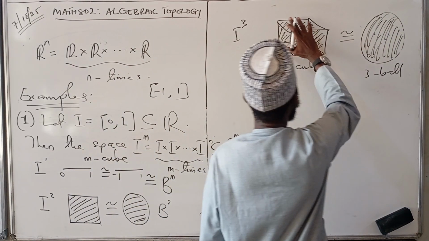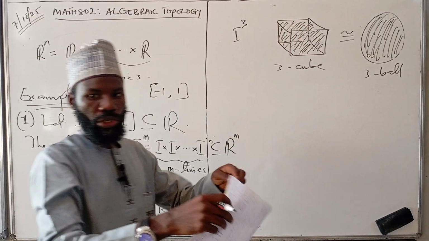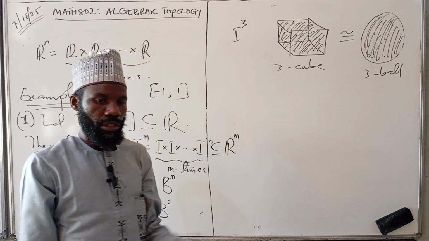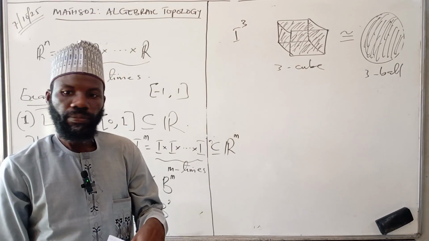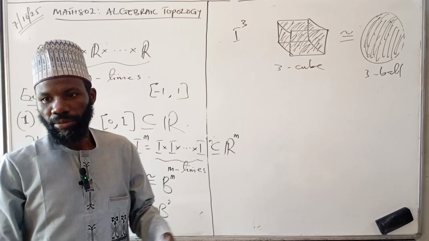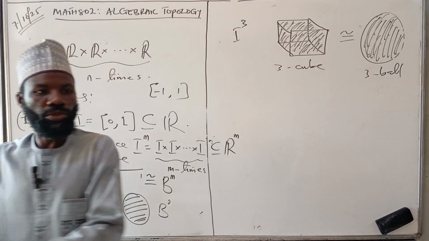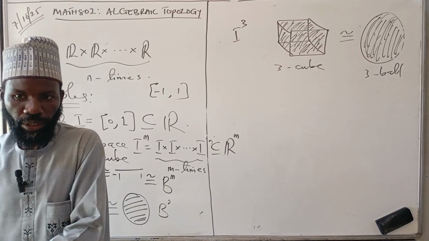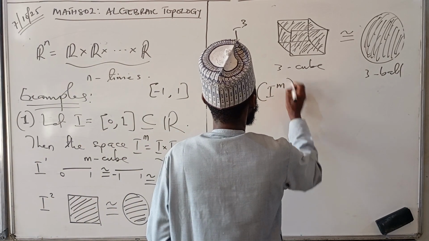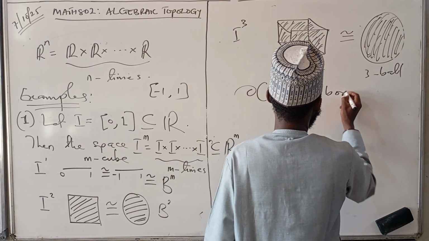You remember? But how about the boundary of this one? Meaning inside is hollow, only the boundary, the surface, is what? It's called a box. It's a box now. So a box is homeomorphic to a ball. I hope it's okay. So the boundary of a cube is called a box.